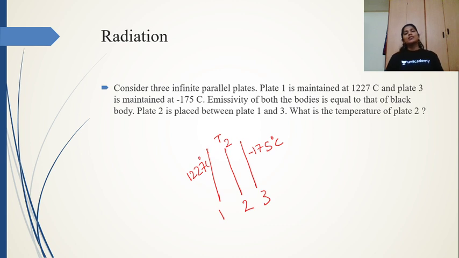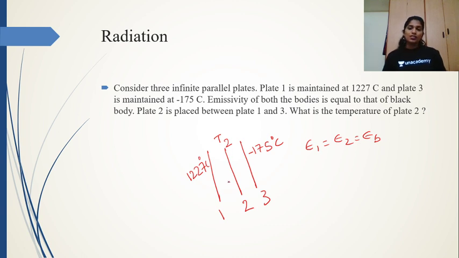Okay, so let us consider the temperature of plate 2 as T2. And the emissivity of both the bodies is equal to that of a black body, right? So emissivity of 1 is equal to emissivity of 2 is equal to emissivity of B, and plate 2 is placed between plate 1 and plate 3.